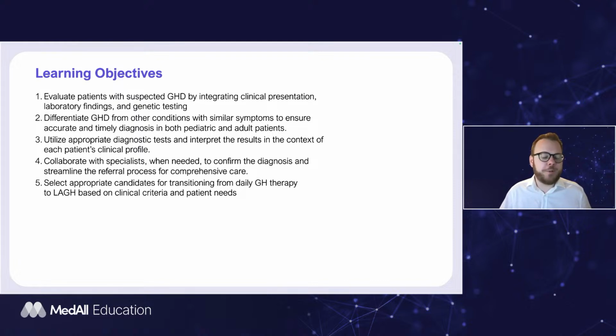What we hope that you'll be able to leave us with today is being able to evaluate patients with suspected growth hormone deficiency by integrating clinical presentation, laboratory findings, and genetic testing; differentiate growth hormone deficiency from other conditions with similar symptoms to ensure accurate and timely diagnosis in both pediatric and adult patients; utilize appropriate diagnostic tests and interpret the results in the context of each patient's clinical profile; collaborate with specialists when needed to confirm the diagnosis and streamline the referral process for comprehensive care; and select appropriate candidates for transitioning from daily growth hormone therapy to long-acting growth hormone based on clinical criteria and patient needs.